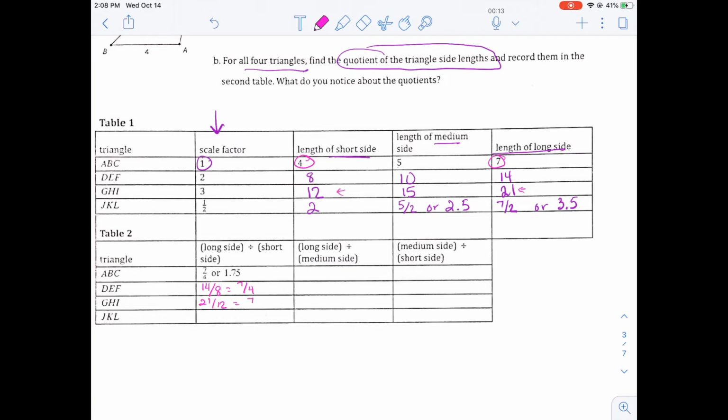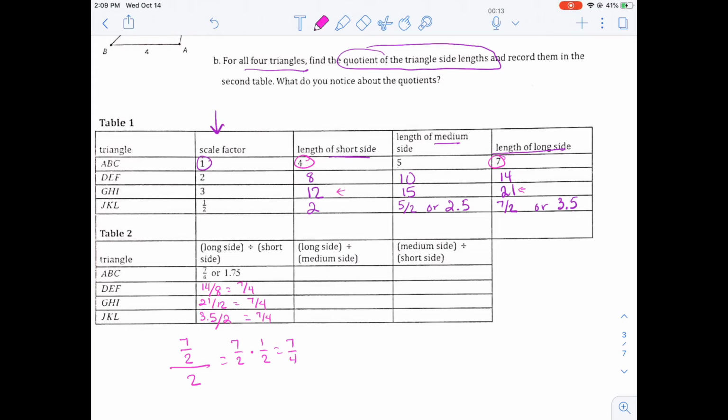It also simplifies down to 7/4. And then with the last one, you have 3.5 divided by 2, or you can have it as a fraction, 7 halves divided by 2, which is the same thing as saying 7 halves times the reciprocal, so times 1/2, which gives us 7/4. So this also simplifies down to 7/4.